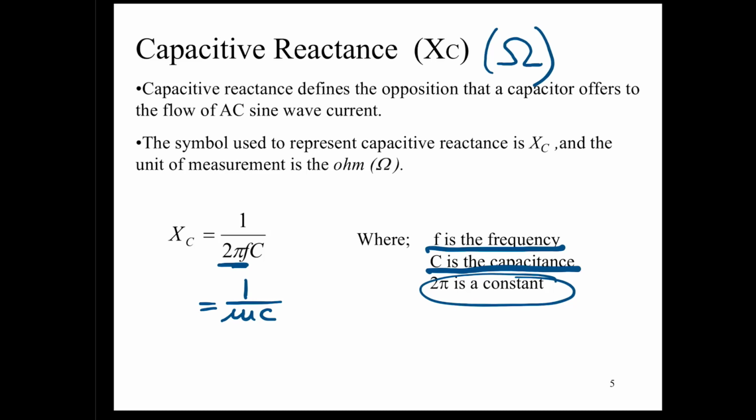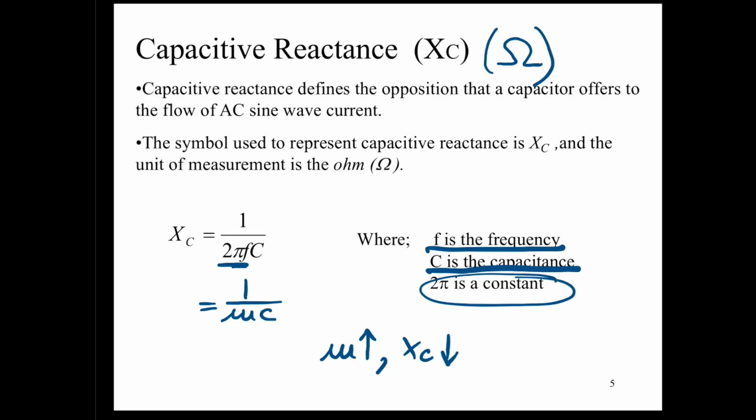So when we determine that value, we can see that obviously as the angular velocity increases, that means XC is going to decrease. So we have an inverse relationship with frequency and reactance here.